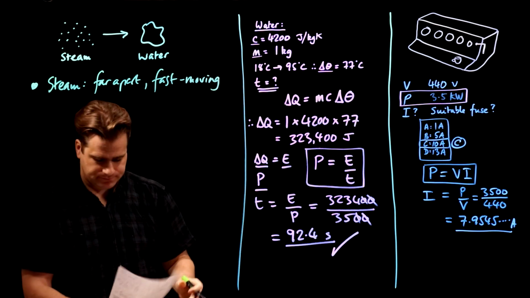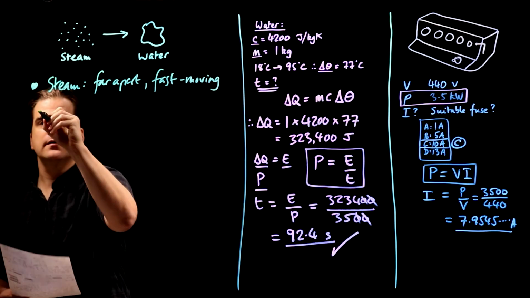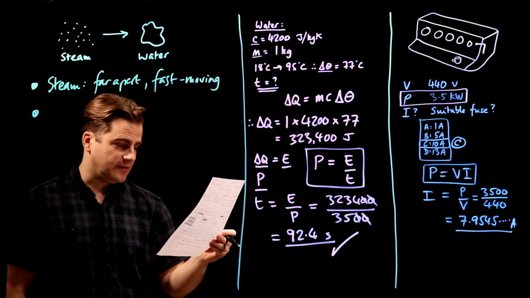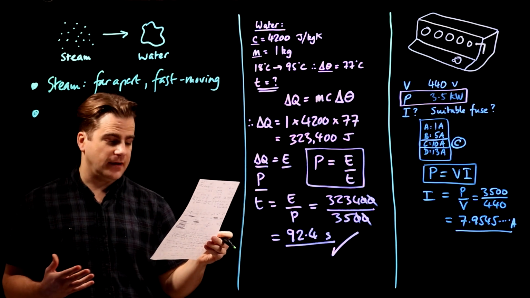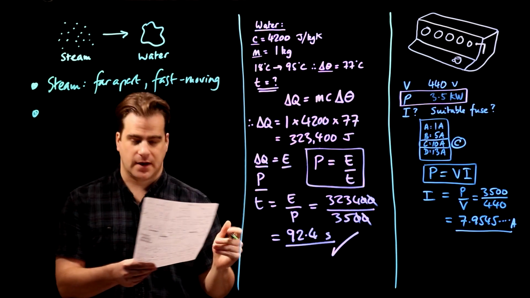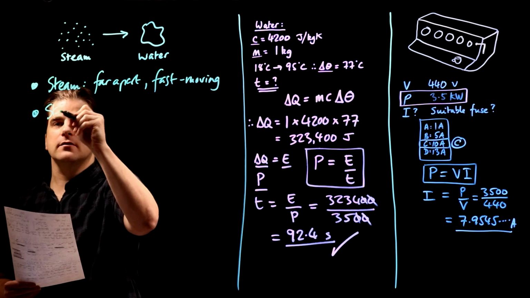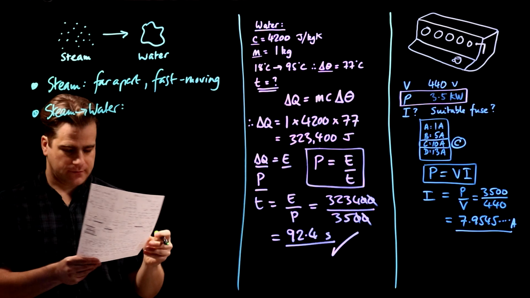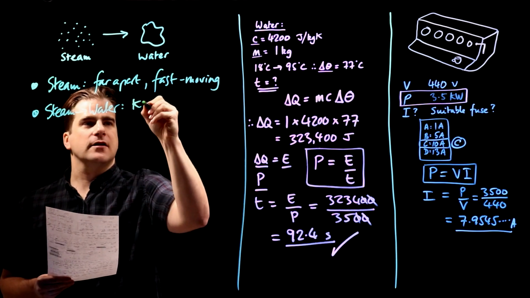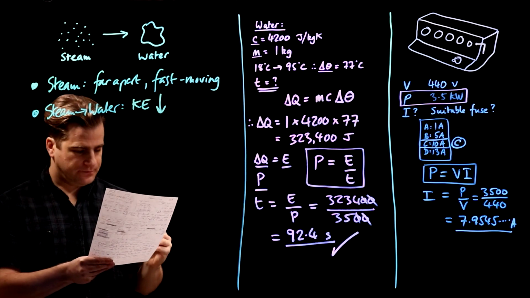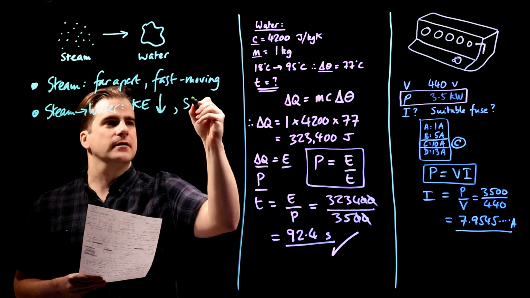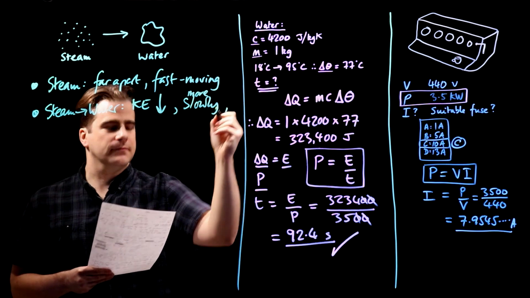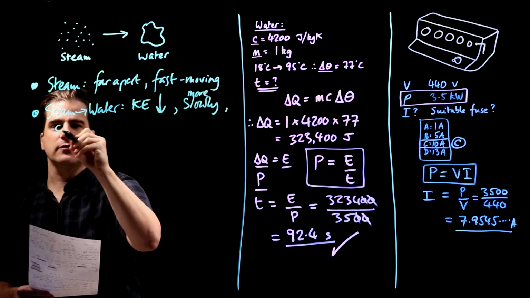Next, as they condense into water, their kinetic energy decreases, they move more slowly and they come closer together. So, as the steam condenses into water, the kinetic energy decreases, they move more slowly, and they come closer together.